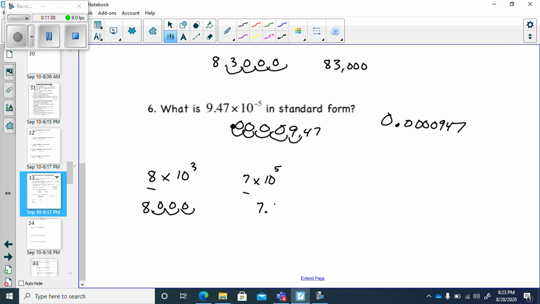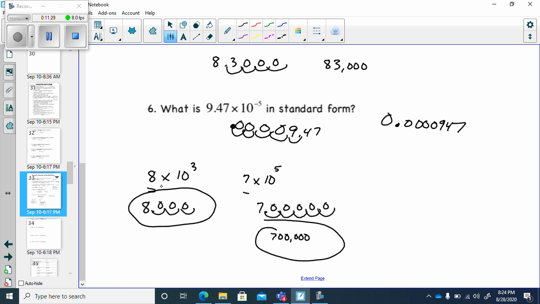And I'm moving it 5 places: 1, 2, 3, 4, 5. Okay, and you're talking about 700,000. This number is a whole lot bigger. 700,000 is a whole lot bigger than 8,000. The first place you look is always at your exponents. Okay?